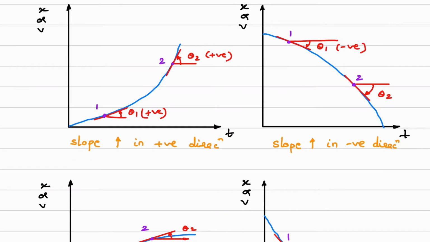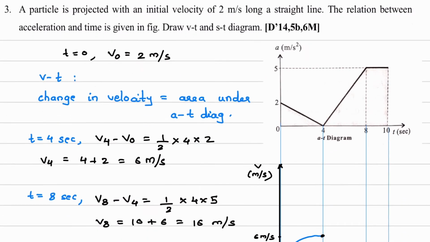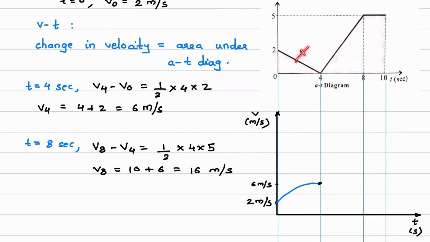First curve. Okay, so curve will be like this. So first curve was like this, and after that we have like this. Now since acceleration is linear, this will be parabolic. Here also it is linear, velocity will be parabolic curve. So second I'll draw. It should be smooth curve actually. Okay, so this is 16 meter per second.